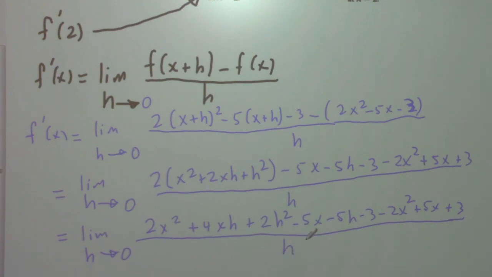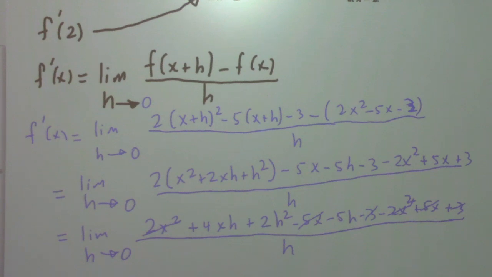So what is going to happen here? Stuff should cancel out all over the place. So we have this 2x squared and negative 2x squared cancel each other. What else cancels? The negative 5x and positive 5x. And else? Positive 3, negative 3.